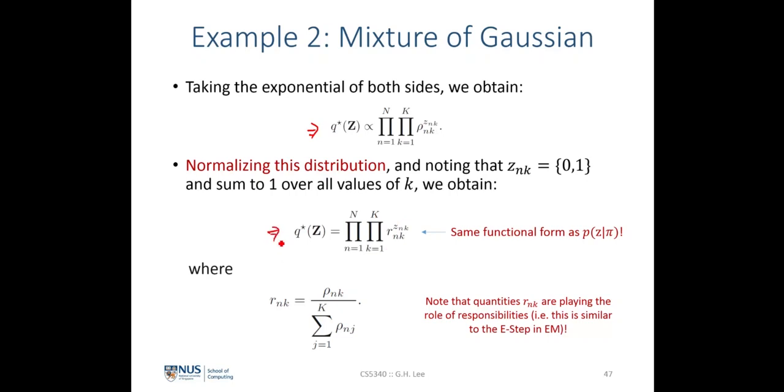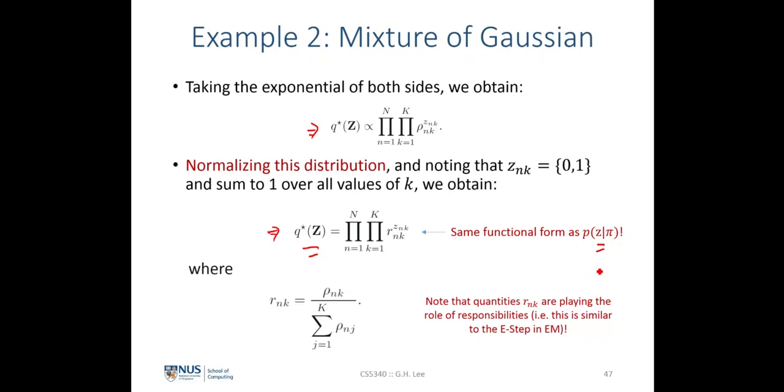Rewriting this expression by absorbing the partition function into r, we can see that the optimal solution of q of z is given by this expression, which has the same functional form as the categorical distribution of the posterior over the latent random variables of z.